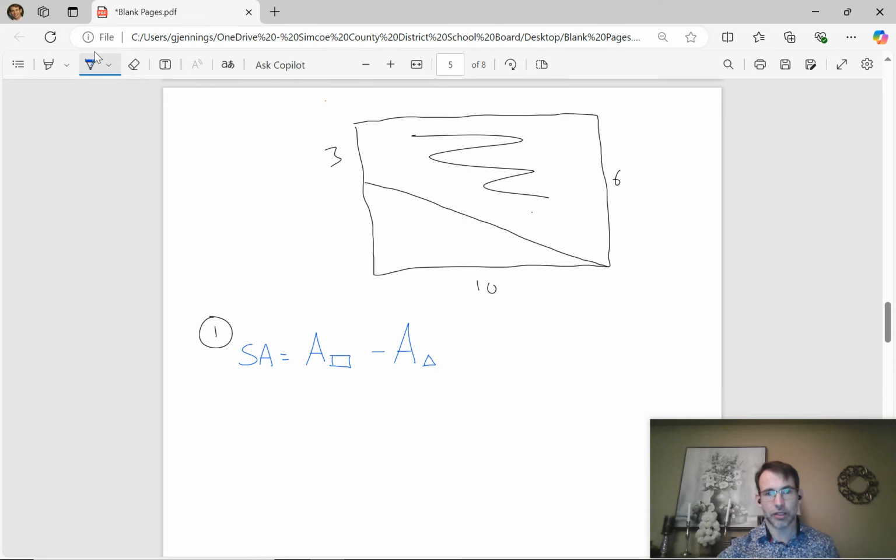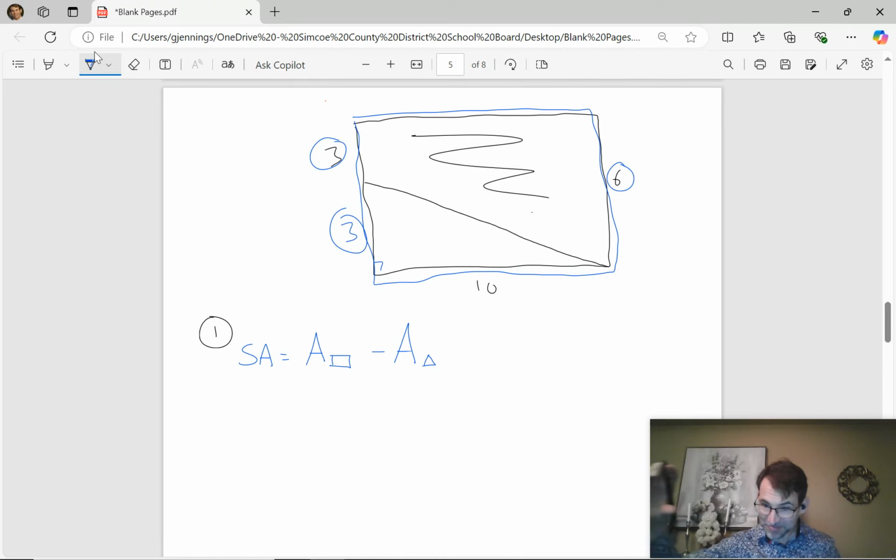Here is the big rectangle, and then the triangle, which has a right angle, so it's a right angle triangle, that's very handy. This is 3 high there, because 3 plus 3 would be 6 on the other side, both sides are the same. And it has base 10.